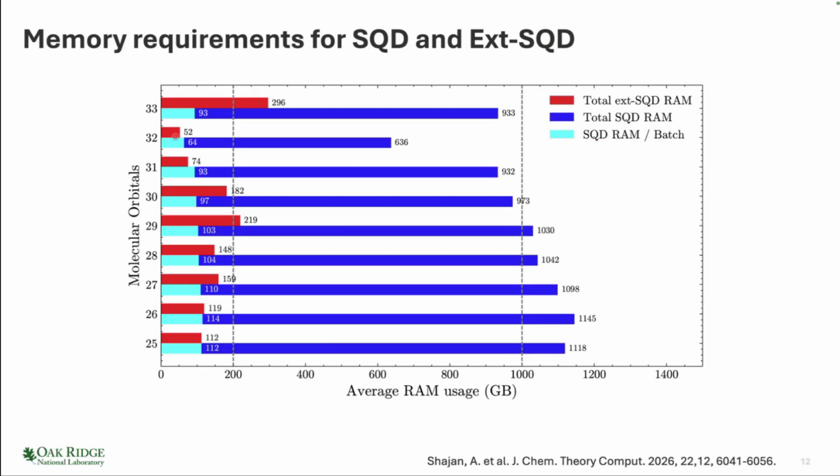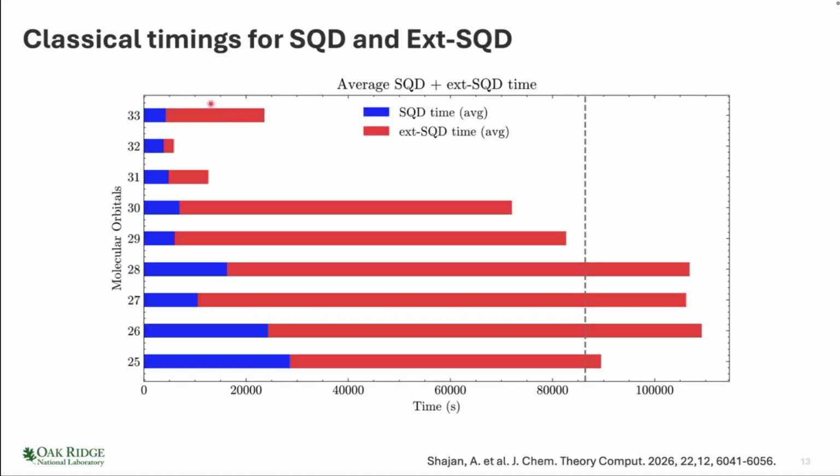So the light blue bars represent the sort of single shot overhead for an SQD batch, whereas the red bars are not batched. Okay, and so the next slide I think has the total runtime, right? And so I think that's the trade-off.